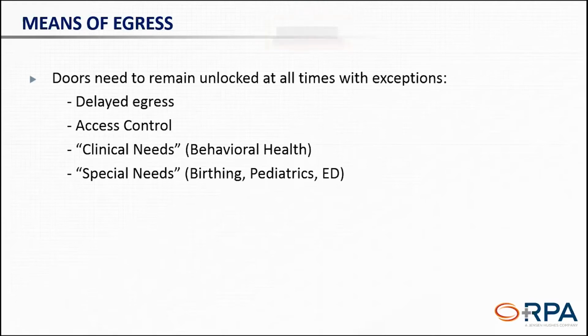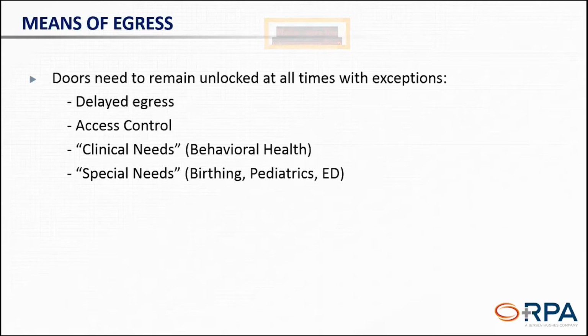So that's been attributed to birthing units, pediatric units, potentially an ED, depending on how the conversation goes. So what does that entail? Well, that means that you're going to lock the space, but you account for other fire protection features to allow that to happen. And typically that's full sprinkler protection, that's potentially total smoke detection, or staff within the locked unit can remotely unlock those doors as needed.